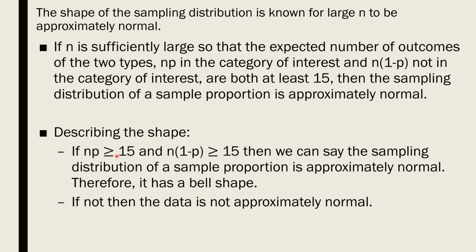If np is larger than or equal to 15 and n times 1 minus p is larger than or equal to 15, then we can say the sampling distribution of a sample proportion is approximately normal. Therefore, it has a bell shape. If either of these two conditions is not met, then the distribution is not approximately normal.